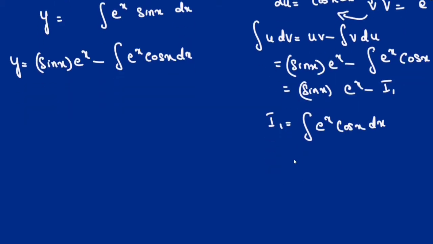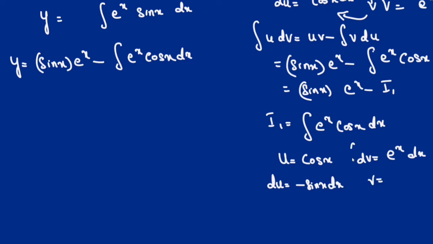So again u is cos x, the remaining is dv, so dv is e power x dx. So differentiate here, du is minus sin x dx. V is, integrate here, e power x.